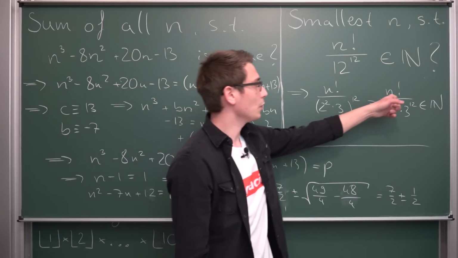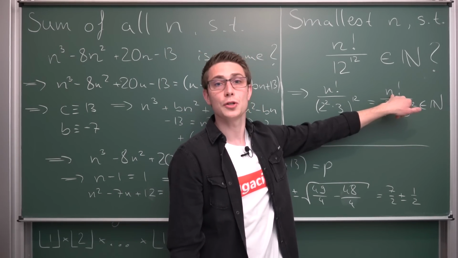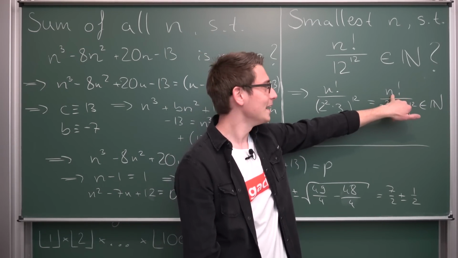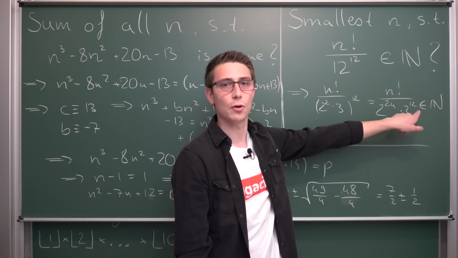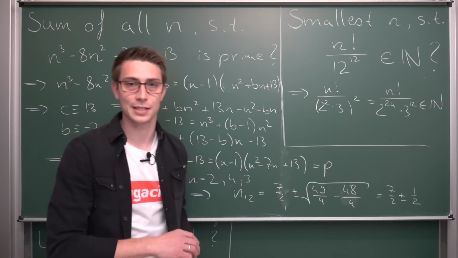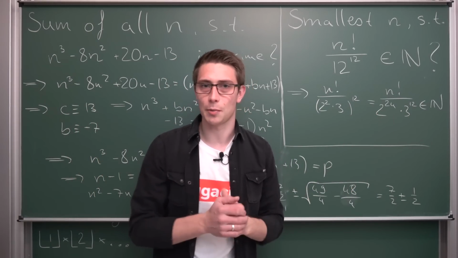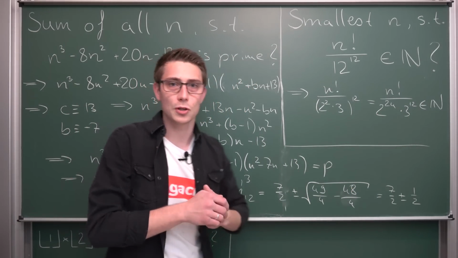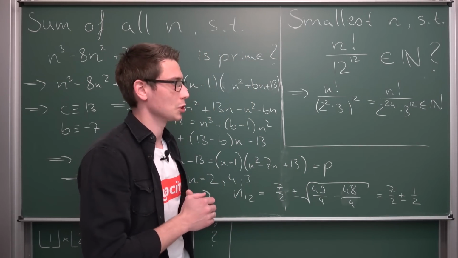What we want is to find out the smallest n such that we are going to get 24 twos up here in our factorial as factors, and also 12 threes up here as factors in our factorial. And now it's time to start brute forcing it a little bit, because we're just going to count through all the n's up until we reach the smallest point.